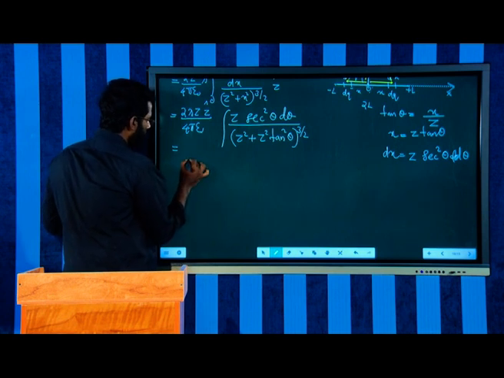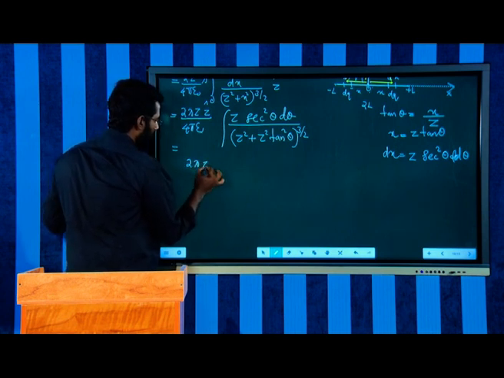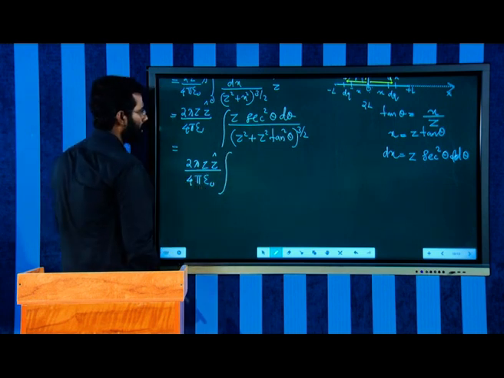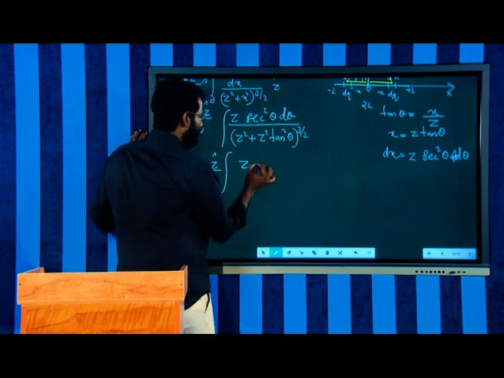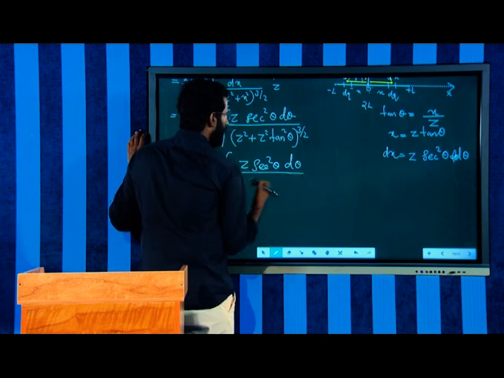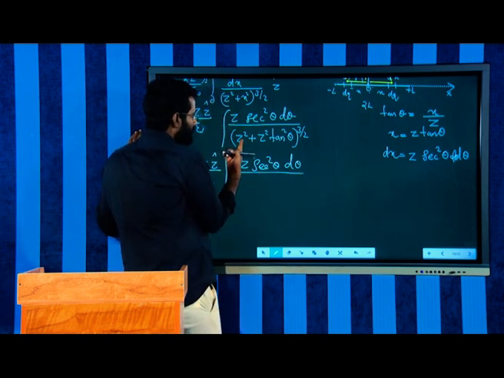E is equal to 2 lambda z cap divided by 4 pi epsilon 0 into the integral of z sec square theta d theta divided by, let me take this z square outside.